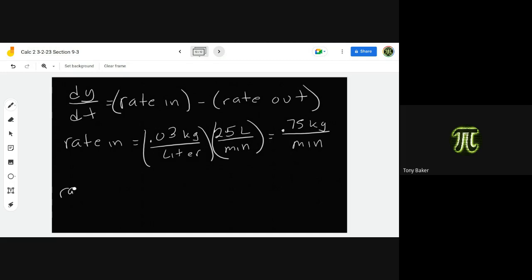Now our rate out. Do I know how much salt's in the tank? I know it at the start, but I don't know it once we start, right? That's my equation. That's the function. So I have y of t kilograms over liter, again, times the 25 liters over minute.